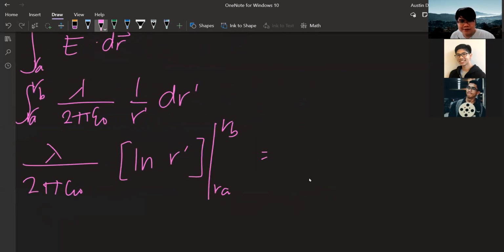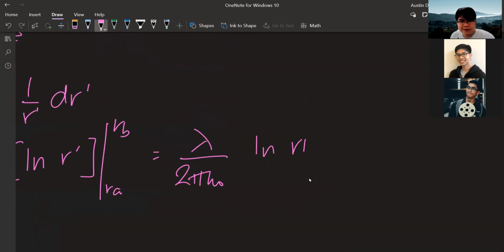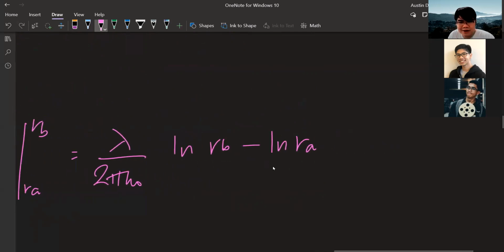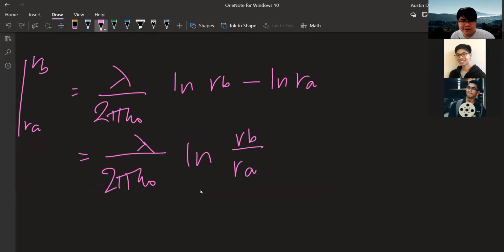And this is lambda over 2 pi epsilon naught, times ln of RB minus ln of RA. And if we simplify this, you can combine them to become something like ln RB over RA. Okay? Nagdi-divide lang.